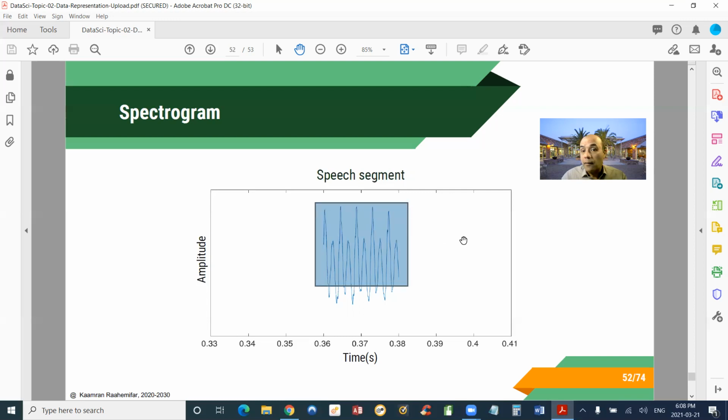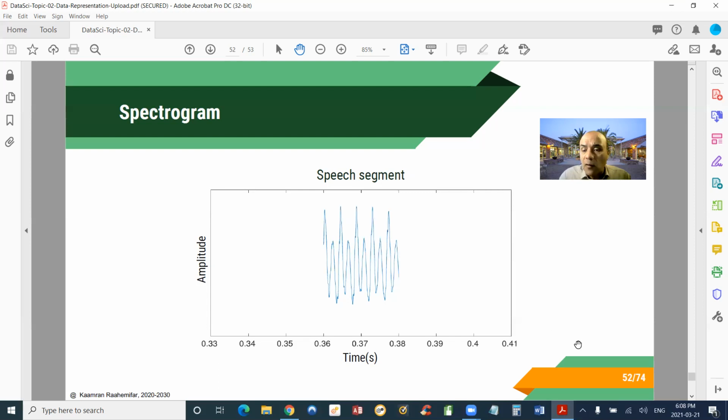That's a square window. As you can see, everything before is killed, zero. Everything after is filtered out, and only the entire intensity of COVID-19 is going to be captured.